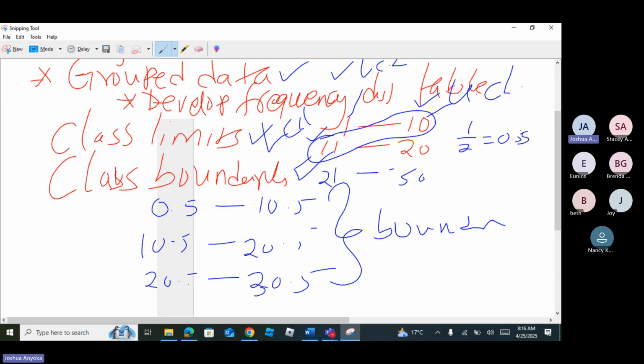That's the difference between class limits and the boundaries. For class boundaries, the lower boundary of the next class and the upper class boundary of the first class are the same. So we have 10.5, 10.5, 20.5, 20.5.